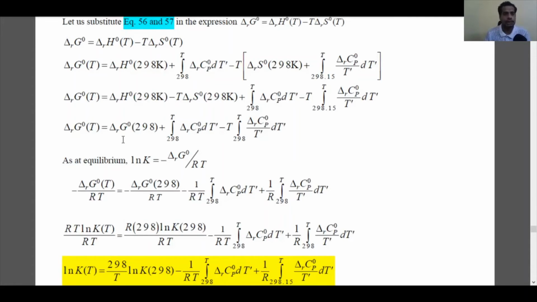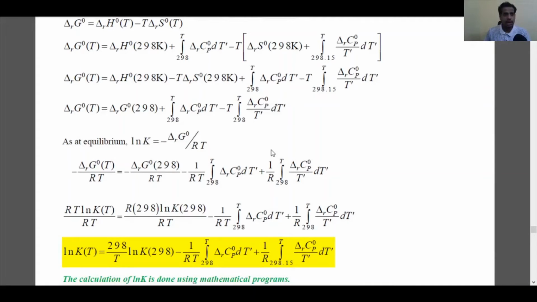Plus the remaining terms are there. Now I'll divide all the expressions, both left-hand side and right-hand side, by minus RT. I have done that simply, there is no extra step here.